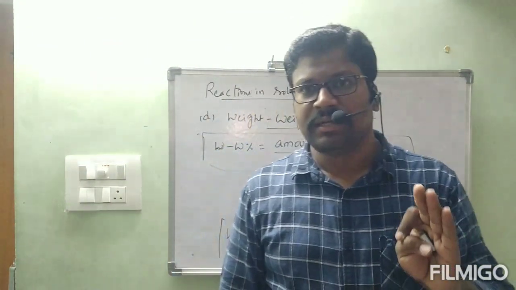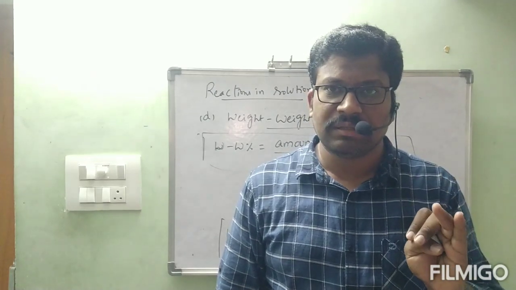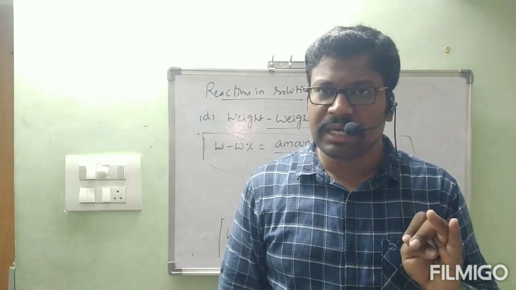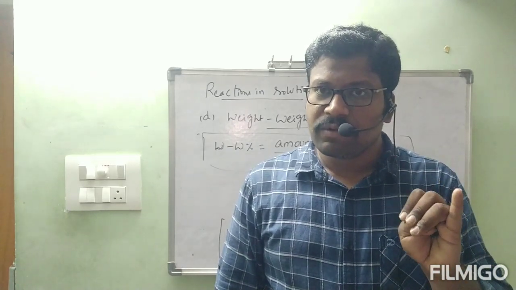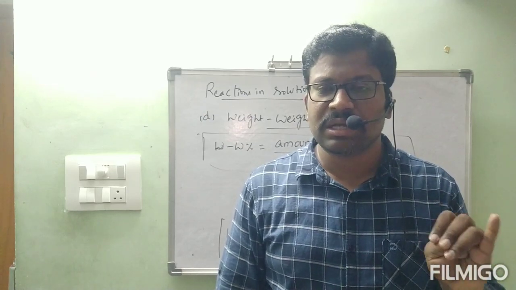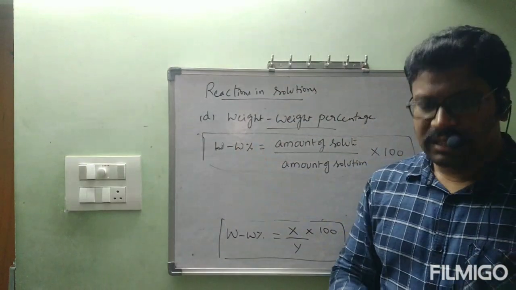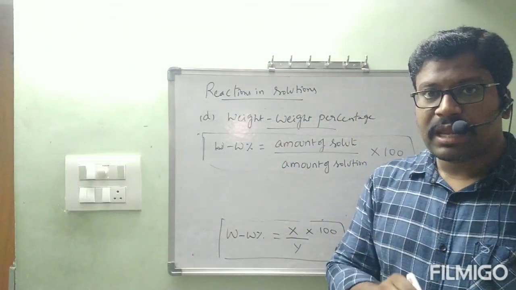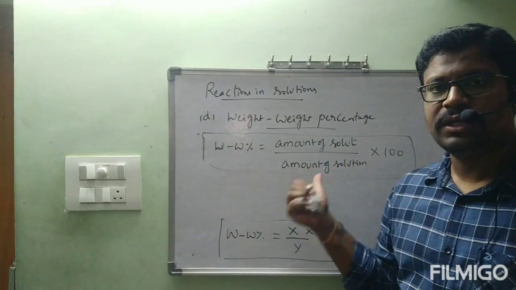Molality: number of moles of solute present in 1 kilogram of solvent. Mole fraction: number of moles of that component divided by the total number of moles of solution. Weight percentage is amount of solute divided by amount of solution into 100.